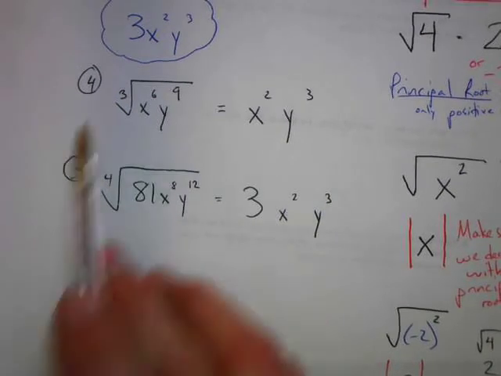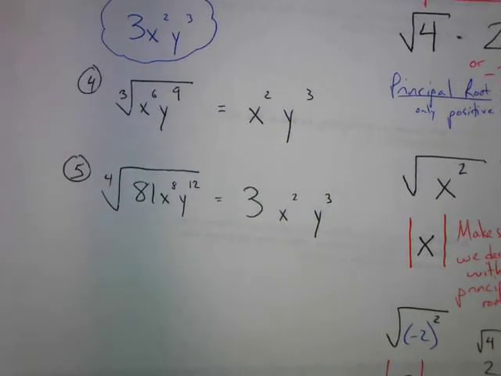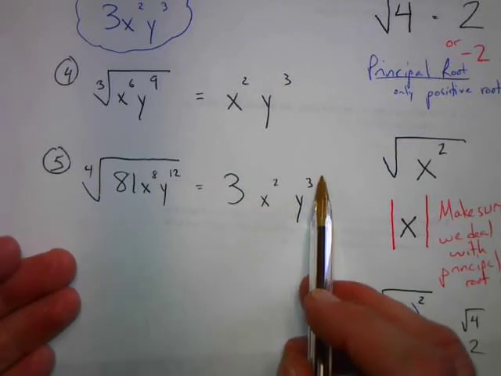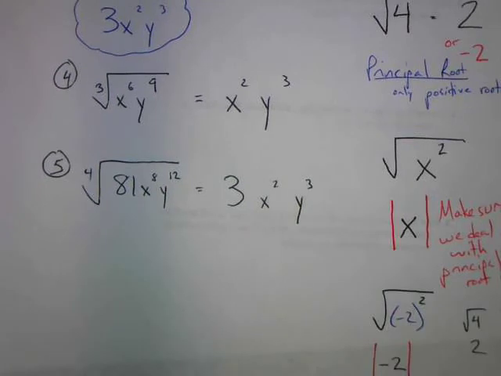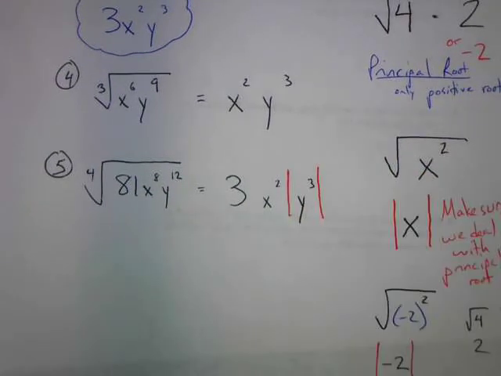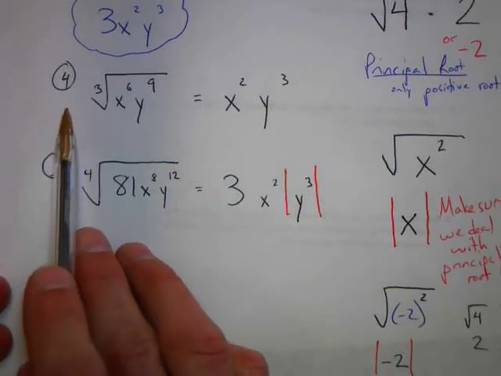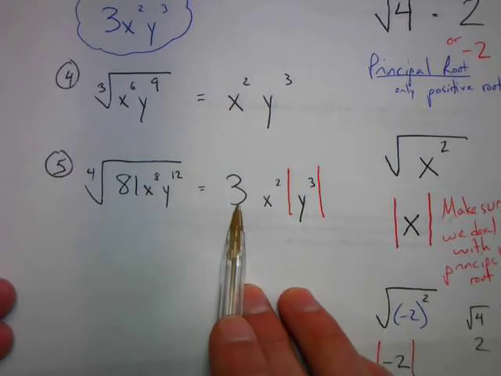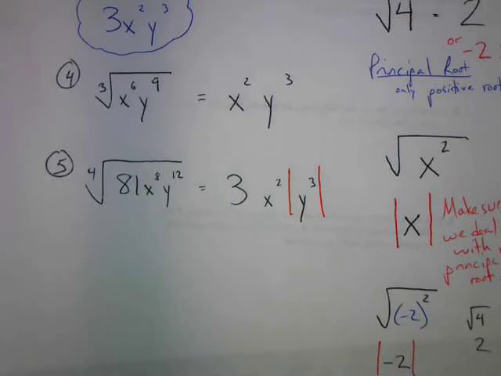If you have an even index, time to start worrying about absolute value bars. If you have an even index, but one of your variables has an odd exponent, that variable is going to need absolute value bars. So technically, when we said that the answer for number 4 was x squared y to the cube, we were good to go. But when we said the answer for number 5 was 3x squared y to the third power, we needed the absolute value bars for y.